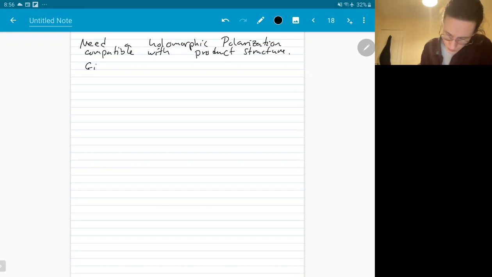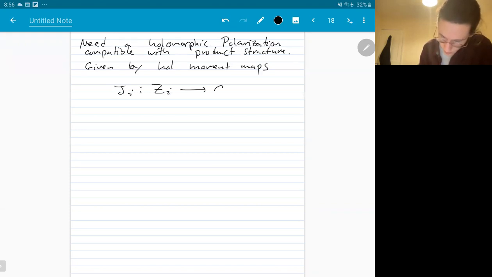And this is given by the holomorphic moment maps J from these spaces Z_i to C.